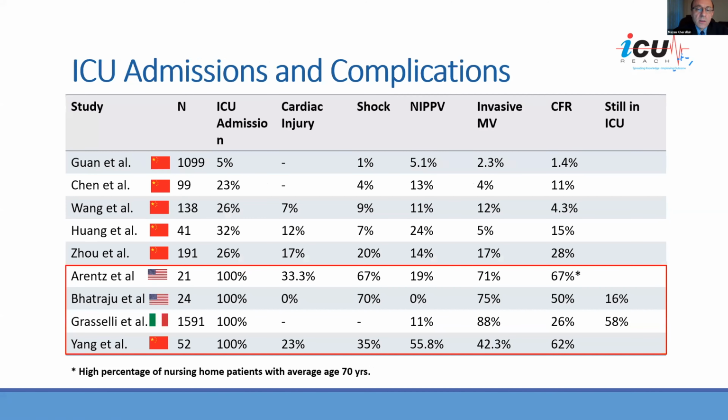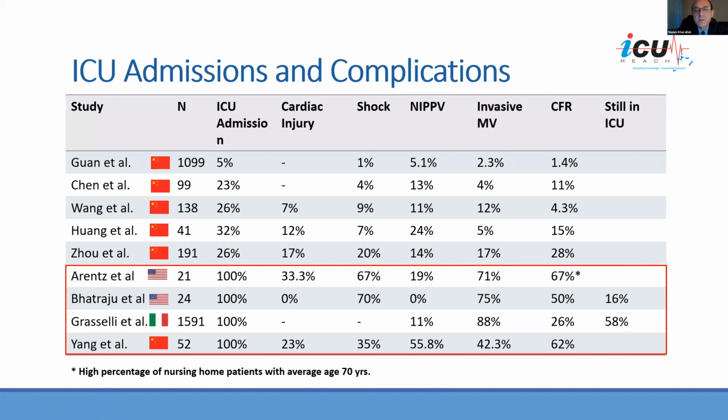Now we've seen the outcome of this disease in multiple studies, and they summarize them in this slide here, where the ones within the red box are the ICU cases, and this is what I'm going to concentrate on. But in general, the percentage for ICU admission of all patients who came to the hospital is between 20 to 30% of the cases.